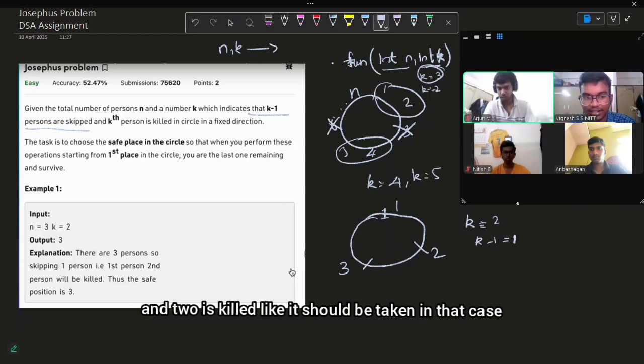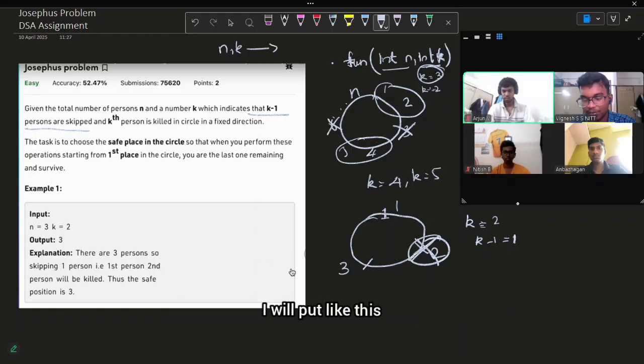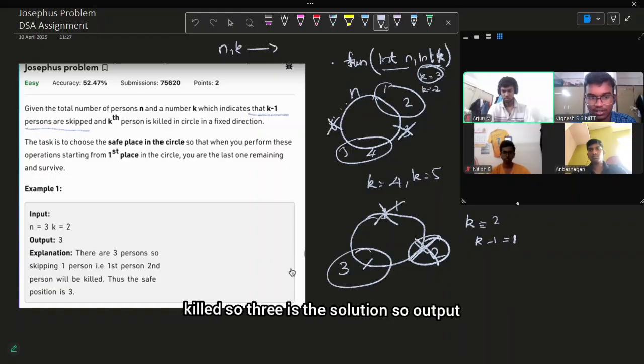Then 3 is skipped and 1 is killed, so 3 is the solution. The output is 3.